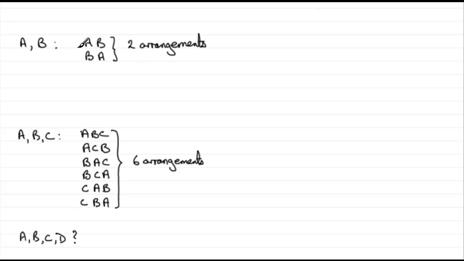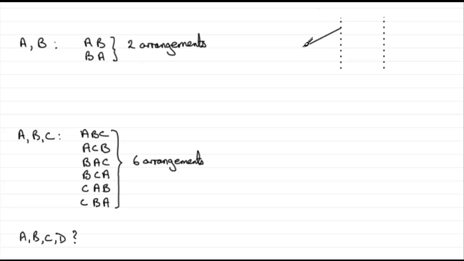If we go to the two letters, we could think of this as something like a tree diagram. We could say that, okay, we've got our two letters. We'll do two sections, one for the first letter and one for the second letter. And when we choose our first letter, what could it be?